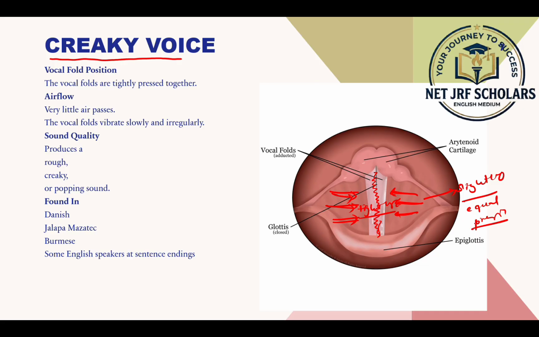The vocal folds are applying the same pressure and the air below the vocal folds also has some pressure. So the air tries to escape between the two vocal folds, but as they are tightly together, the air comes out very slowly.